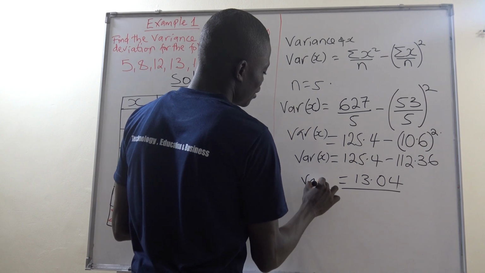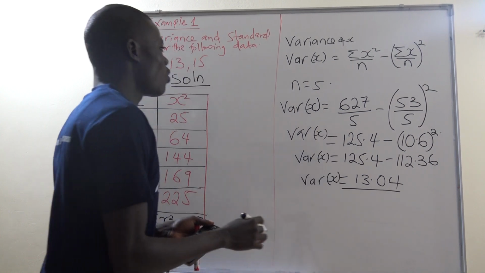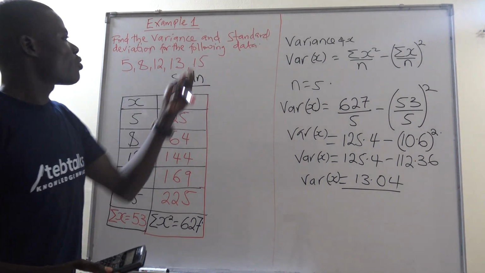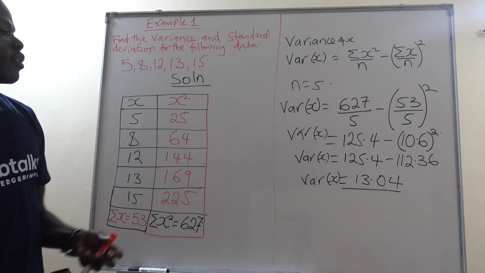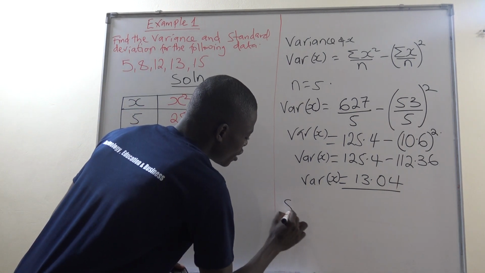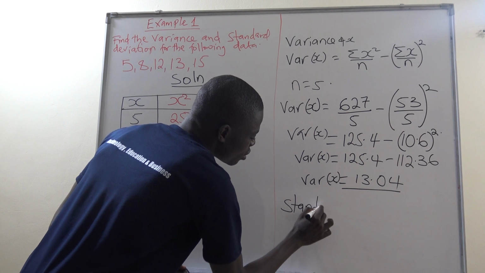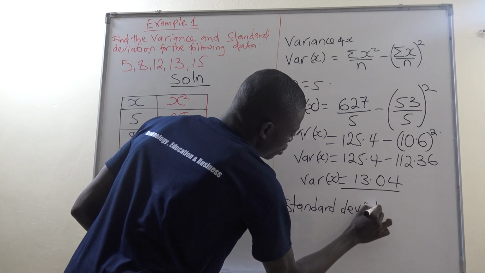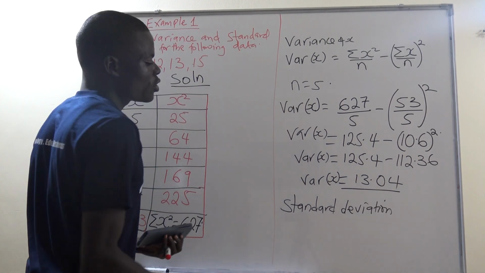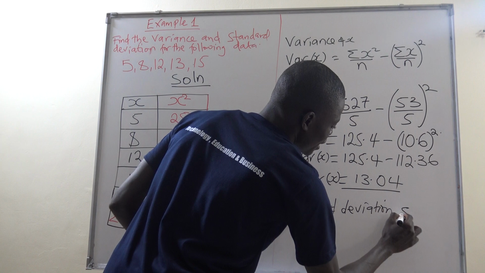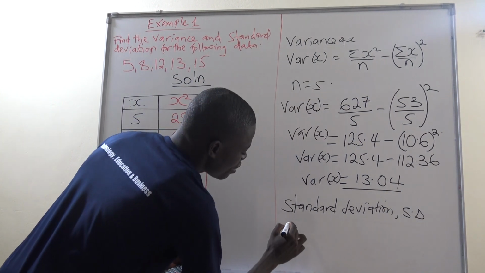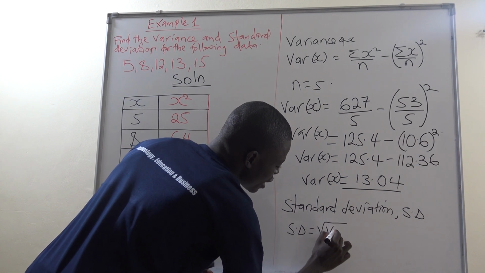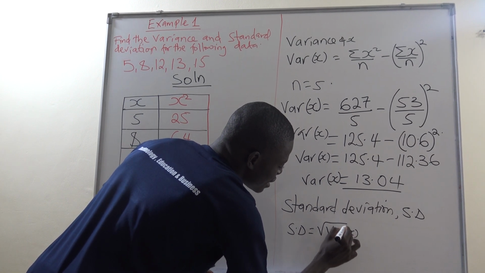That's the first part of calculating variance, and then we also calculate the standard deviation. We said standard deviation, which we denote as SD, is given by SD equals the square root of var x.